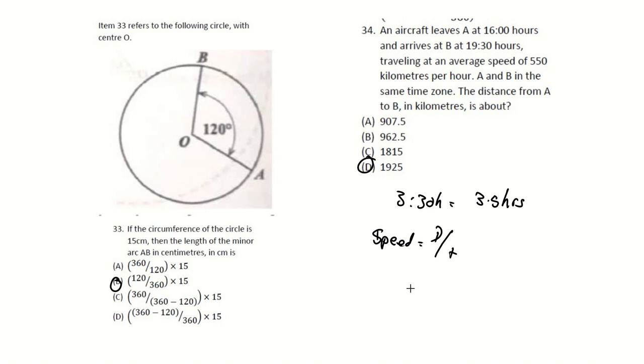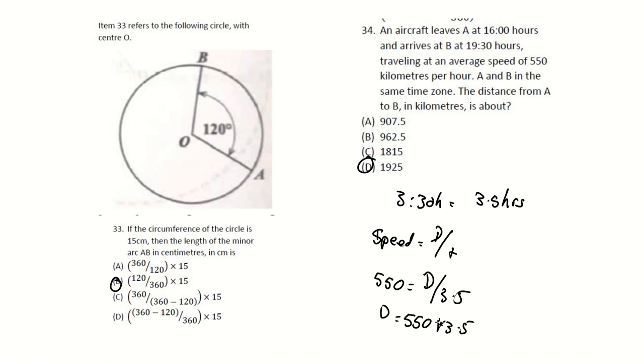So what is my speed? My speed, 550, is equal to my distance, which we don't know, over 3.5. So my distance would be 550 multiplied by 3.5.